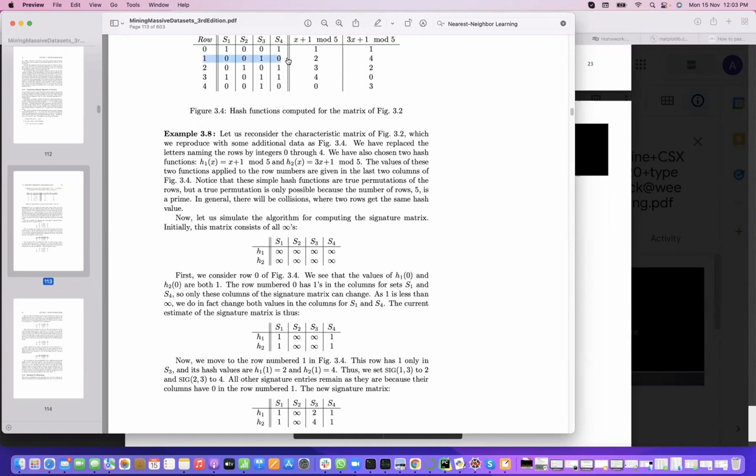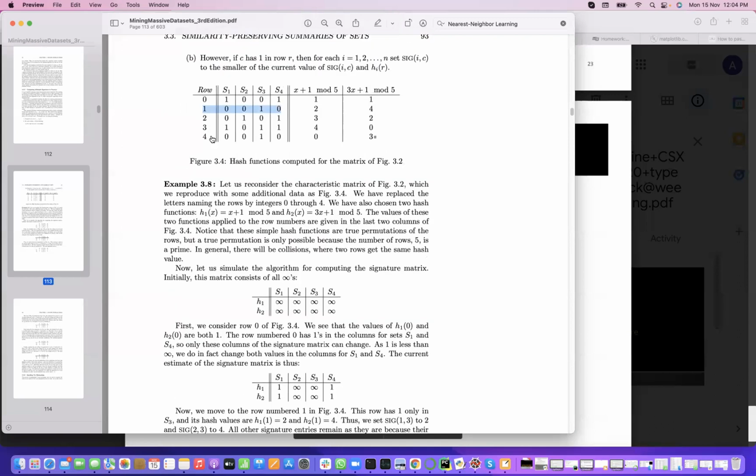Which columns have ones in that row? S3. That only will be updated. Remaining ones won't. For S3, the permuted order number is 2 for the first hash map and 4 for the second. Is it less than the existing value or not? Yes, 2 is less than infinity, so we replace it with 2. For the second hash map, 4 is less than infinity, so we replace infinity by 4.